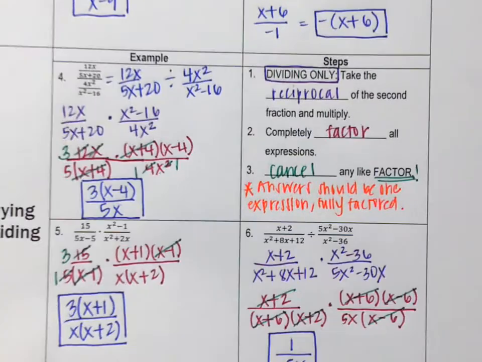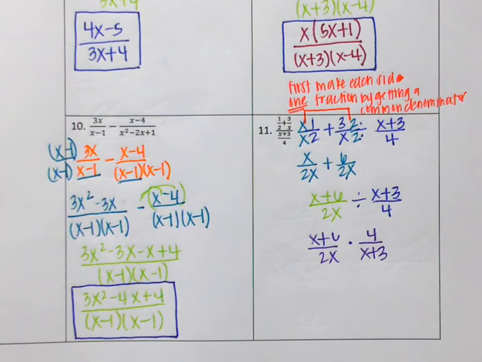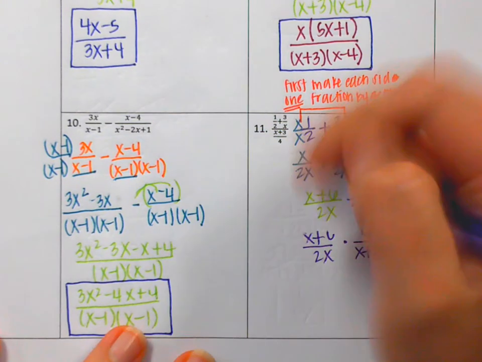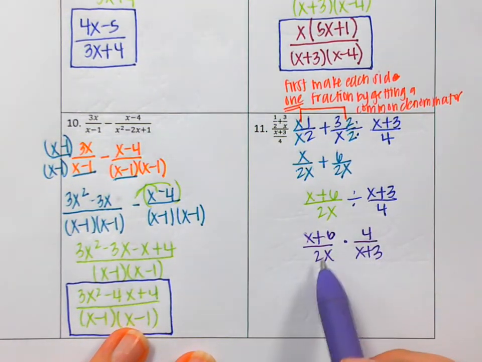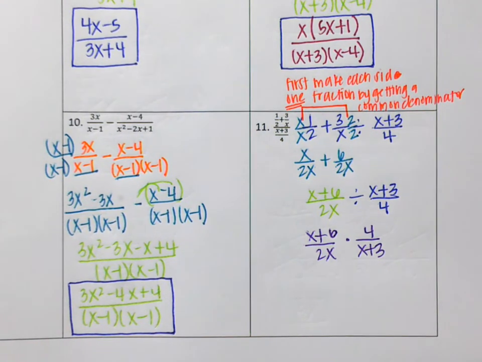Then I completely factor all expressions. X plus 6 can't be factored, 2x and x plus 3 are really factored. And then cancel any like factors. X plus 6 and x plus 3 can't cancel. Those aren't exactly the same.